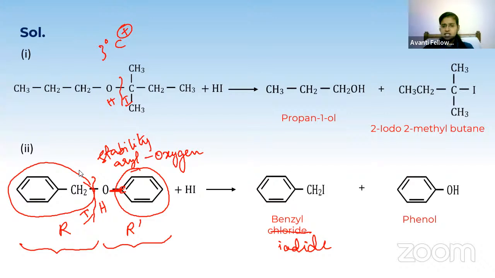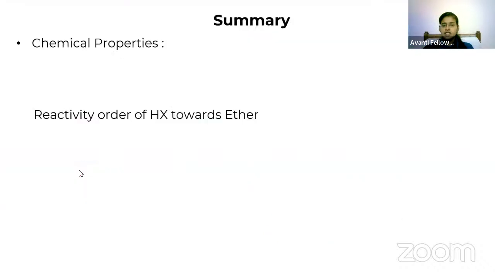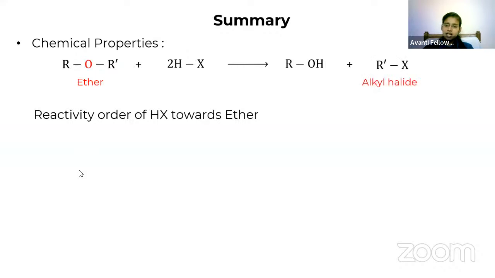Let me summarize the chemical properties. First of all, ether reacts with 2 moles of HX and leads to the formation of alcohol and alkyl halide first, and finally we get one more alkyl halide also. Then the reactivity order of HX: HI is more reactive compared to HBr, and then HCl comes.